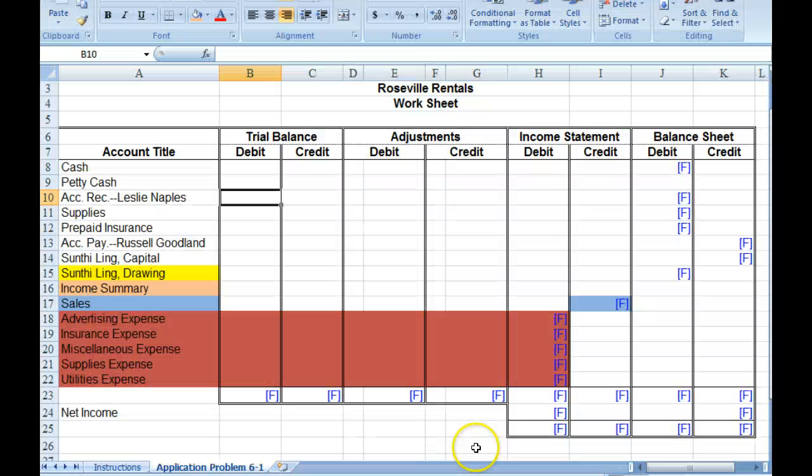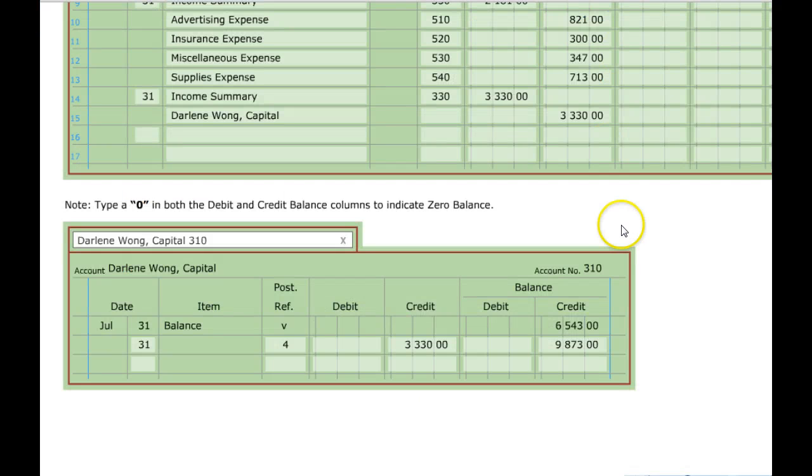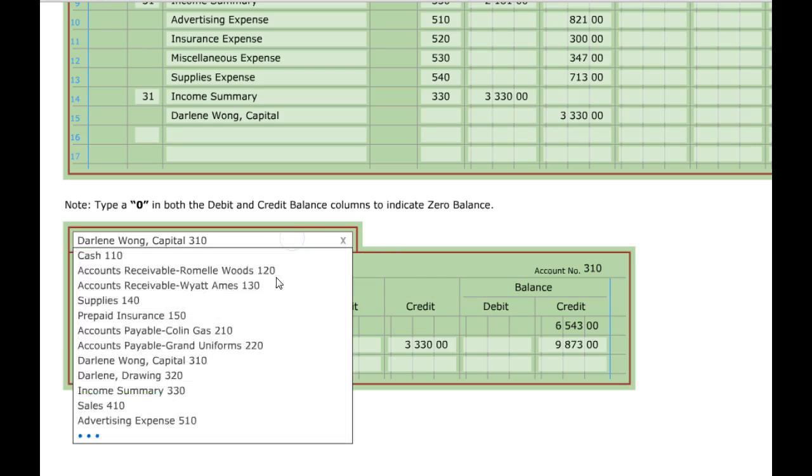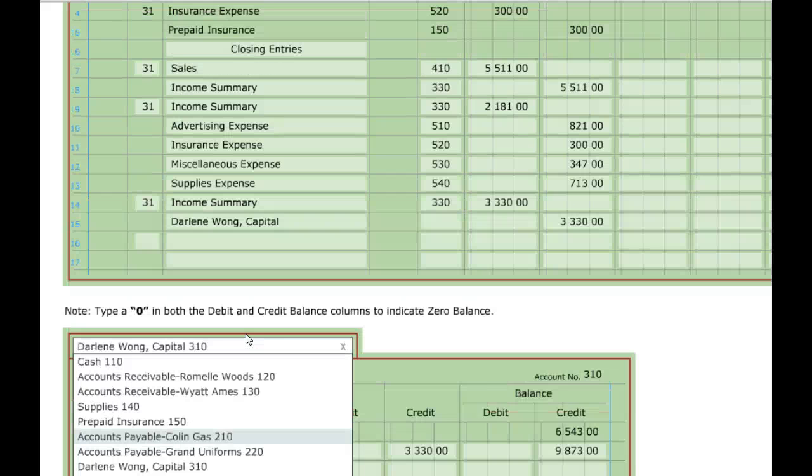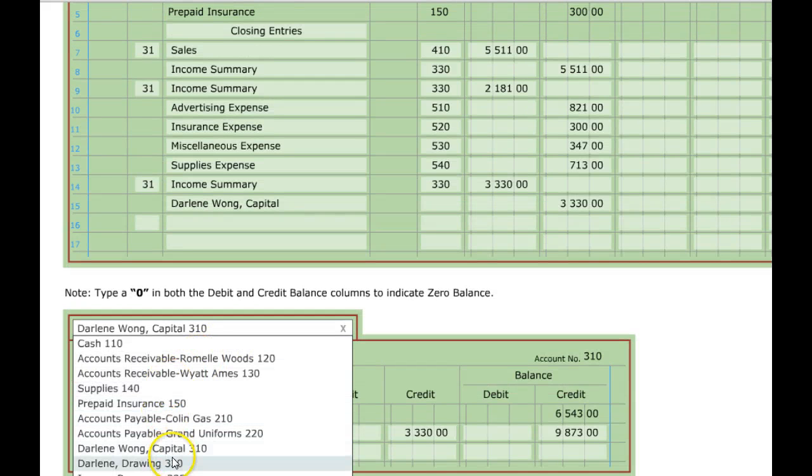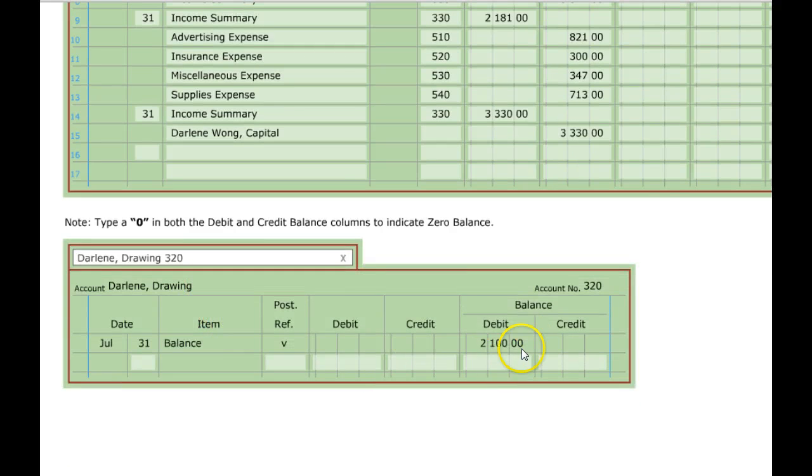All right, last thing that we do is we've taken care of sales first, expenses second, income summary third. Last one is drawing. Okay, if you remember when we were figuring out our capital amount manually, we would subtract drawing out. Well, the equivalent of doing that is to debit capital. Okay, now why do we debit capital? Well, it's very, very simple. If you look at Darlene Wong drawing, okay, Darlene Wong drawing has a debit balance of 2,100.